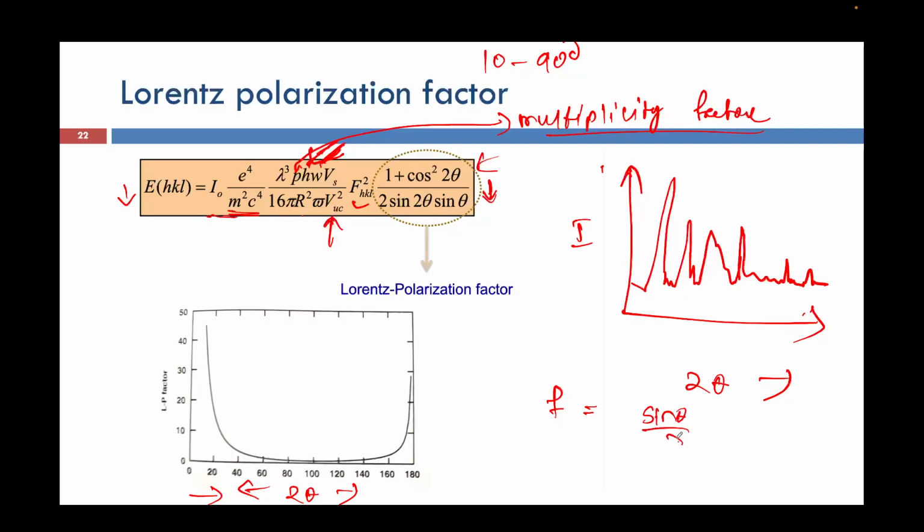Sin theta by lambda increases when the q value increases, and eventually the f value will decrease. So f value decrease means, this is the atomic scattering factor, the structure factor value will decrease, which leads to less intensity. Here the Lorentz polarization factor also adds to the decrease in the intensity. So this is one factor.